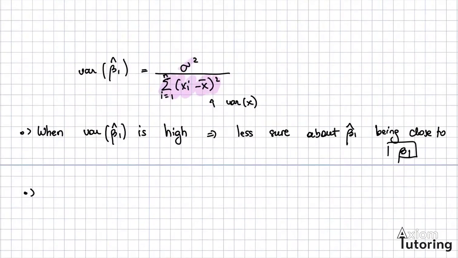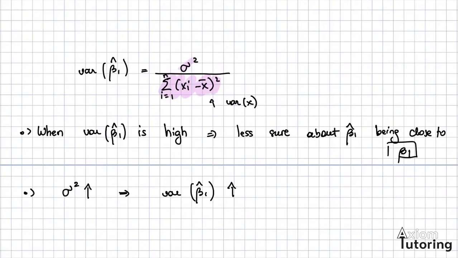The second key takeaway is that if sigma square, so this variance, is quite high, that means the variance of beta 1 hat is also going to be high, which sort of makes sense.